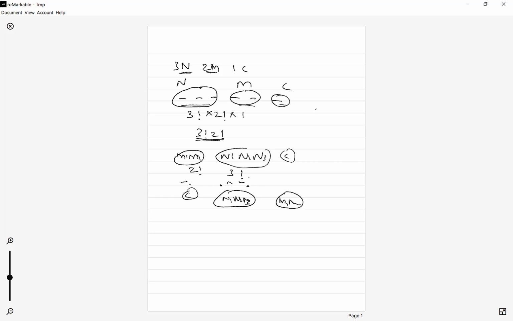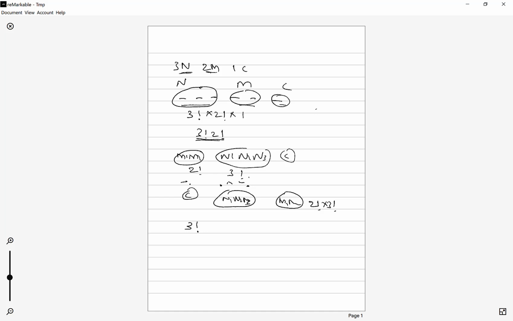I have all of these possibilities, and for each of these I have 2 factorial times 3 factorial. So the total number of permutations, I'm going to add all of these up, but I have 3 groups. So therefore I can arrange them in 3 factorial different ways. That's 3 factorial possibilities.